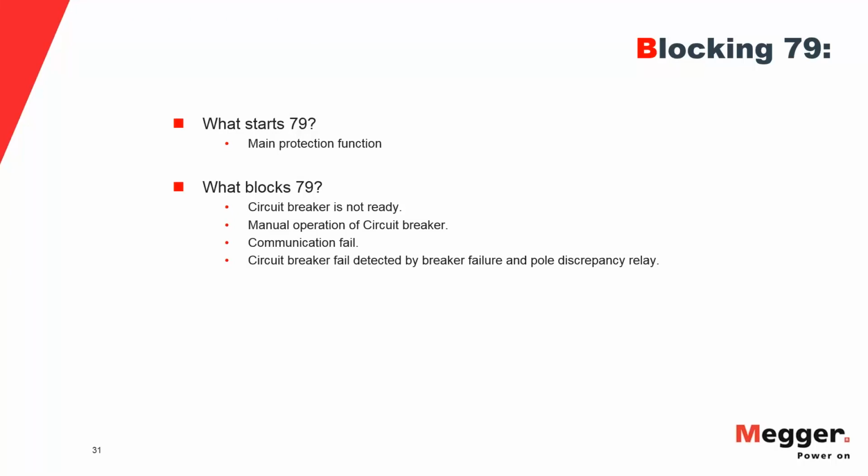Another reason for blocking the 79 is when there is a circuit breaker fail. The breaker failure function detects discrepancies between the status of the breaker as it is fed to the relay and the actual circulation of current through the feeder.